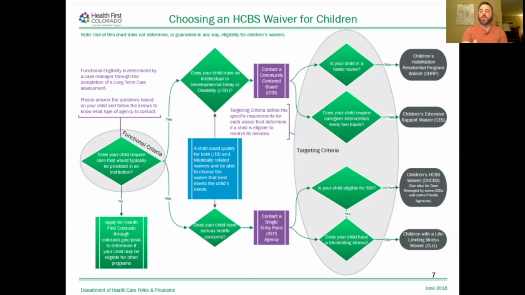If you're down in the single entry point, is your child eligible for Social Security, or do you make too much money to qualify for Medicaid as a family or for your child, but you also need support above and beyond, typically medical?